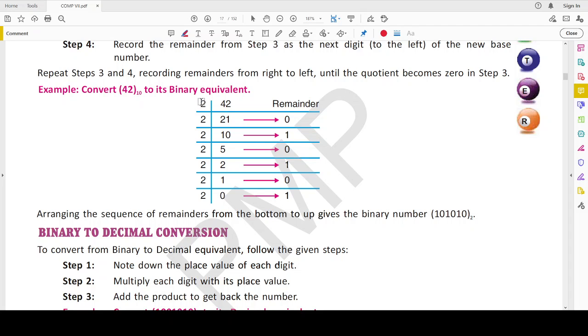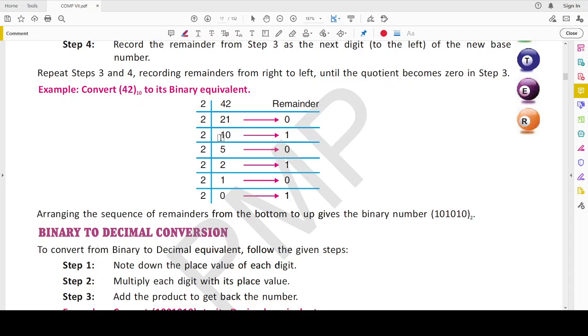So let's see, 42 is the decimal number which has to be converted to binary. So divide it with the base of binary, that is 2. The quotient is 21. Remainder is 0. Again divide 21 by 2. Quotient is 10. Remainder is 1.